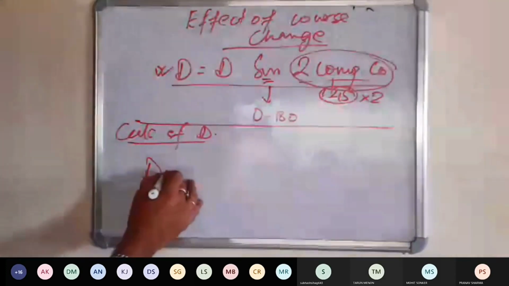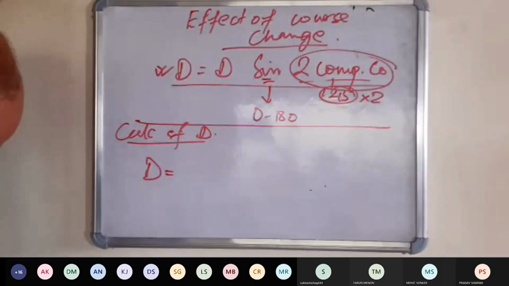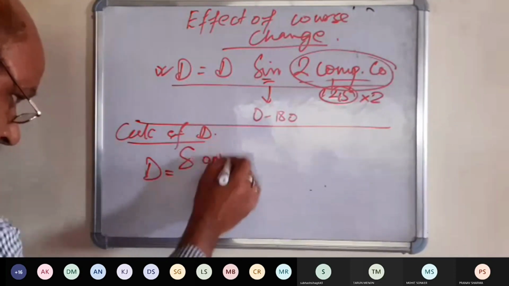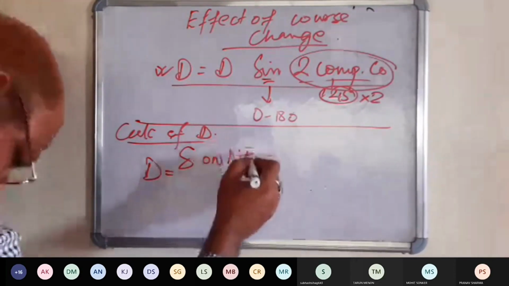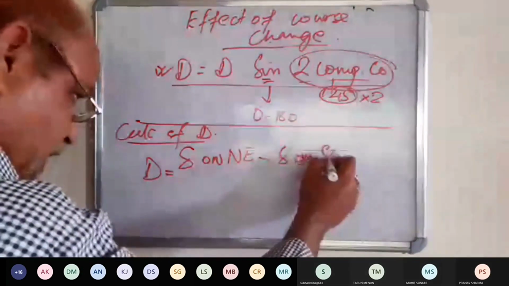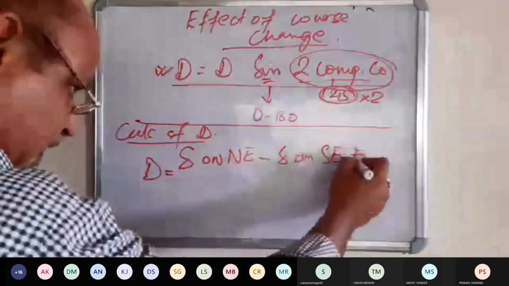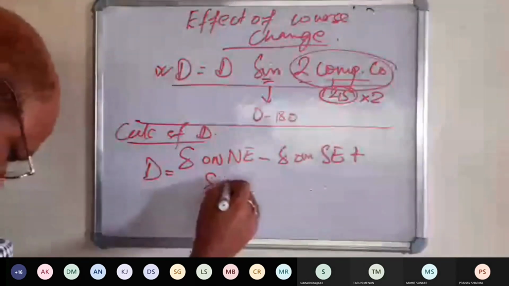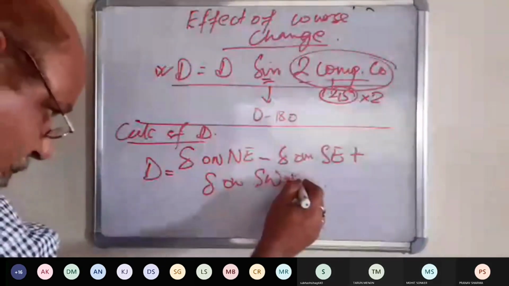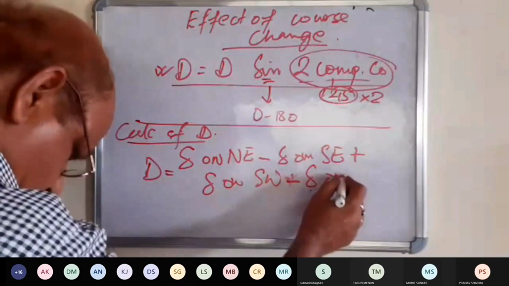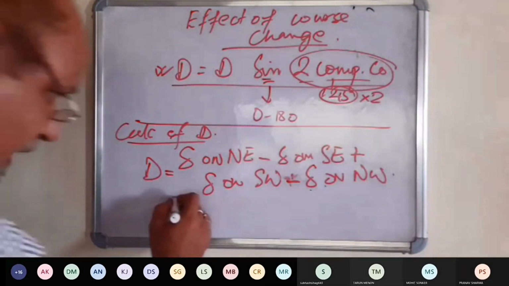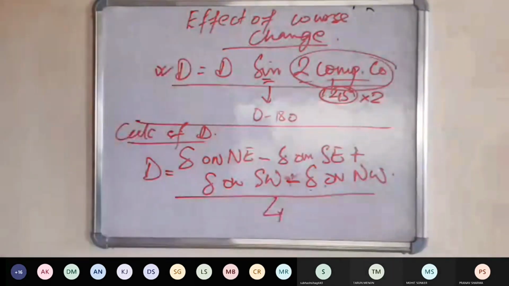How will we get the value of D? Deviation on northeast minus deviation on southeast plus deviation on southwest minus deviation on northwest, divided by 4.